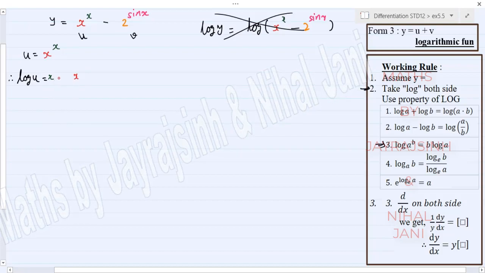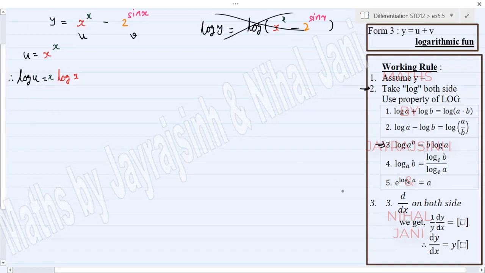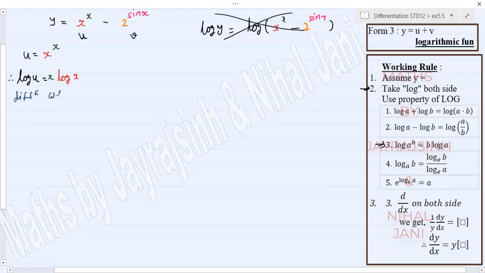Now we can differentiate our equation with respect to x.